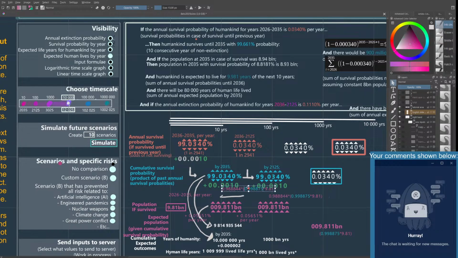Yeah, and I'm not going to have any of this. I'm going to take these.